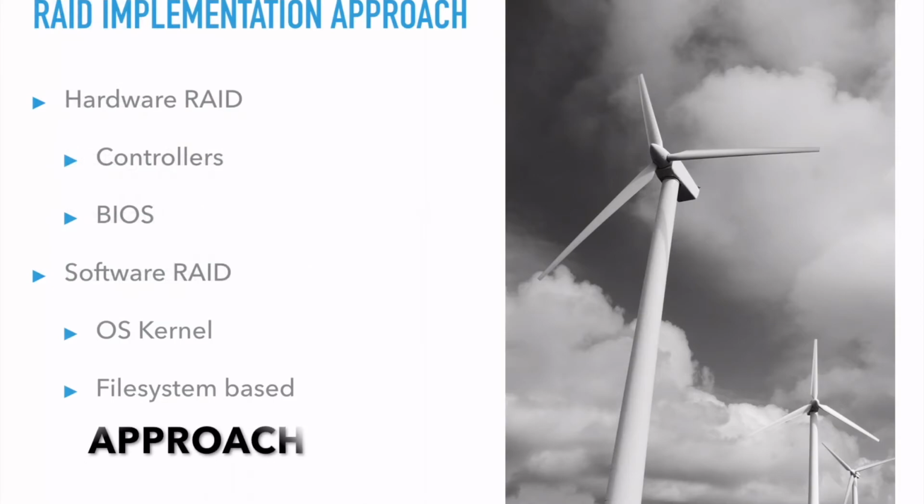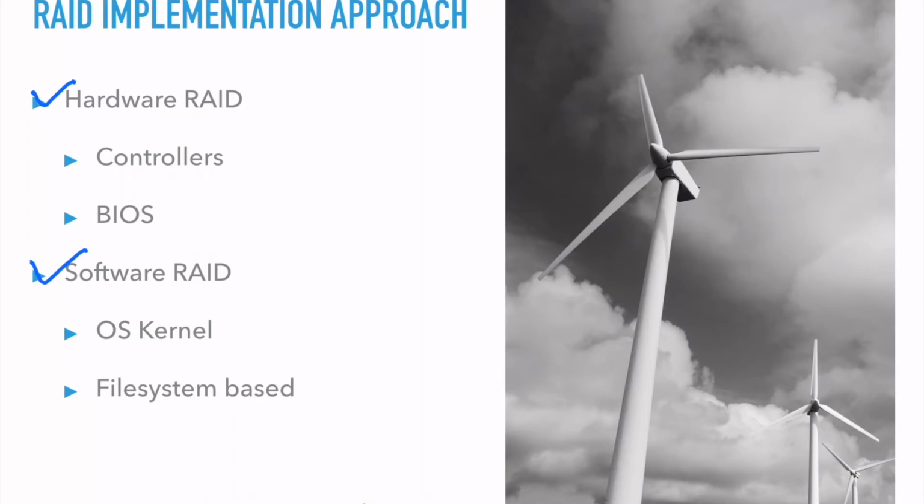Now how is RAID implemented? There are basically two approaches. You can have a hardware RAID and you can have a software RAID. The recommendation all these years has been to go with hardware RAID because they had better controlling capabilities and they perform better compared to software RAID.